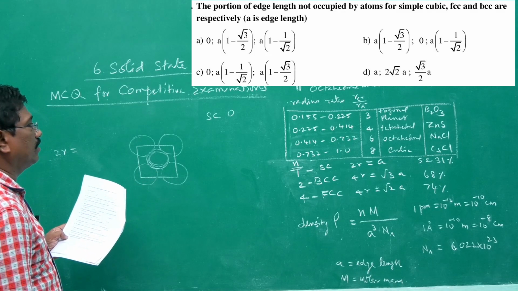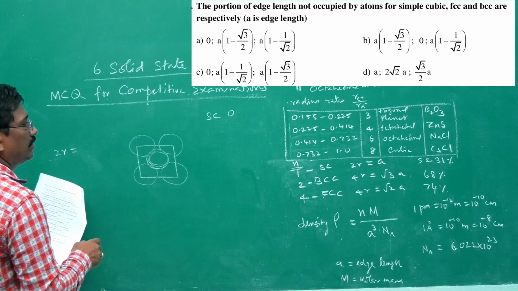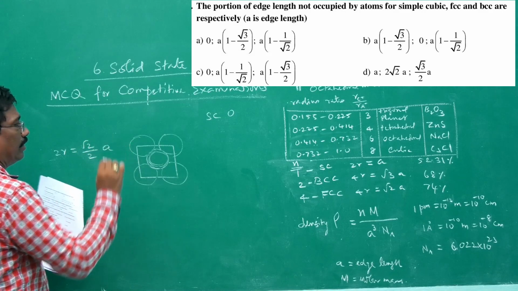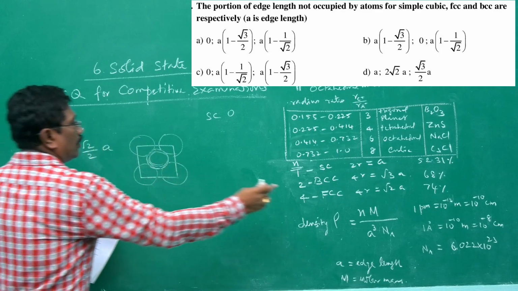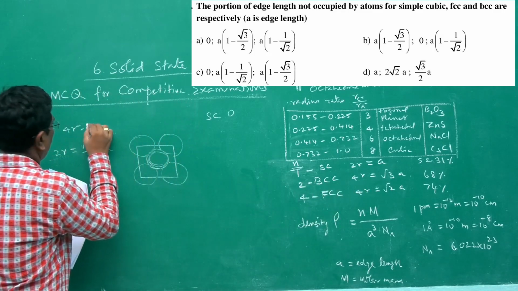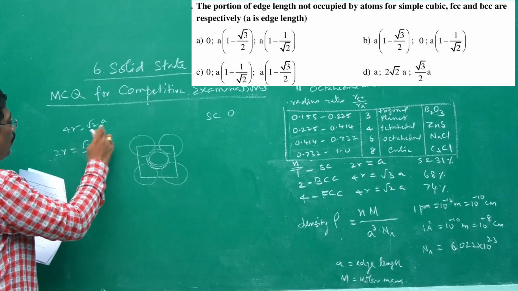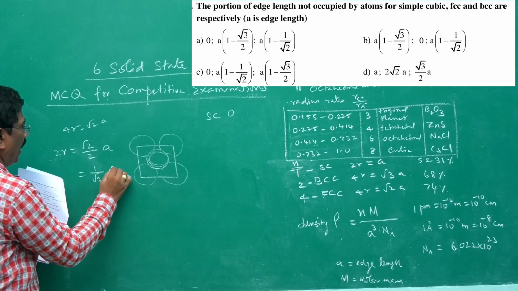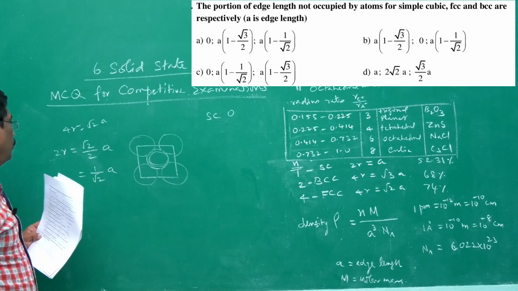So, 2r is equal to, in the case of FCC, root 2 by 2a. 4r is equal to root 2a, and therefore 2r is equal to root 2 by 2a. Upon simplification, 1 by root 2a. If I cancel out root 2 and 2, it will become 1 by root 2a.